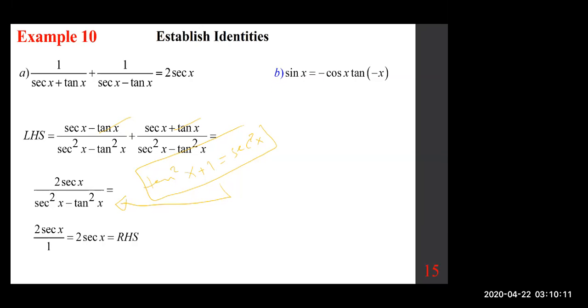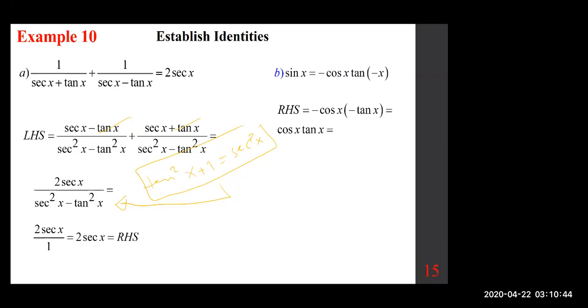All right, we want to establish this. Which side do you think we should start with? The right-hand side. So we start with the right-hand side and we say cosine times tan because negative times negative is positive. Agreed? Yes. So what do you think we should do next? What is our next step, class?